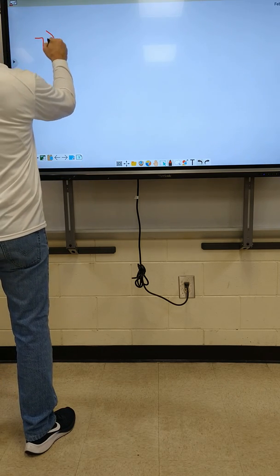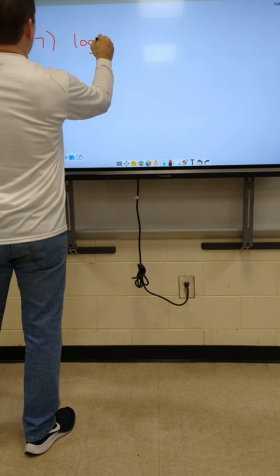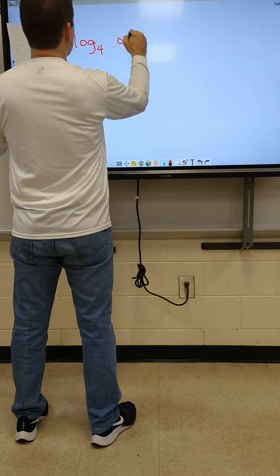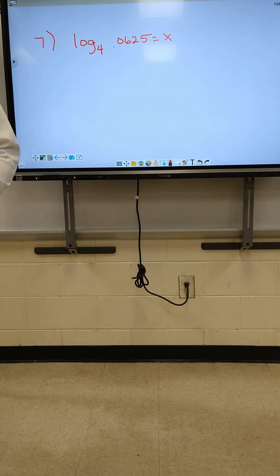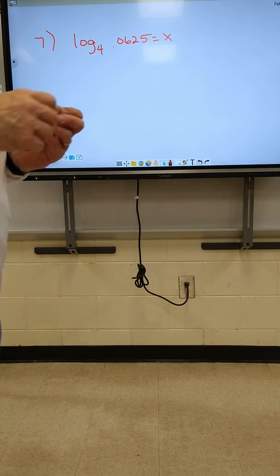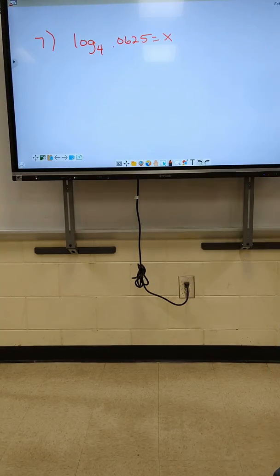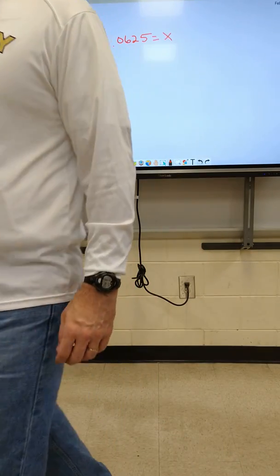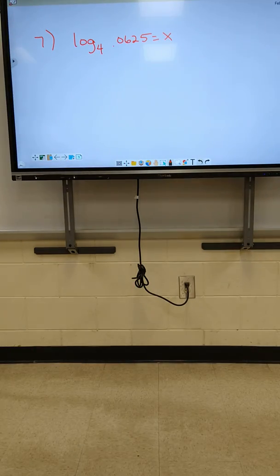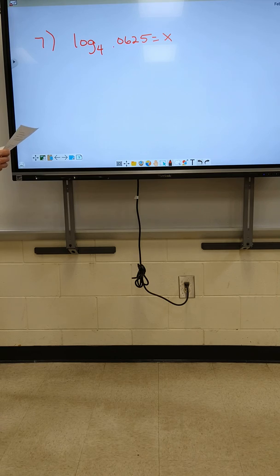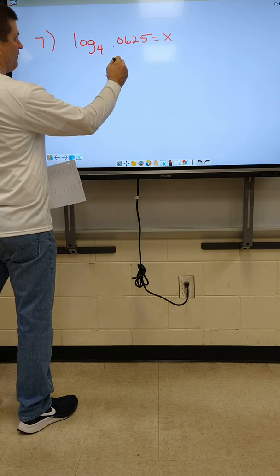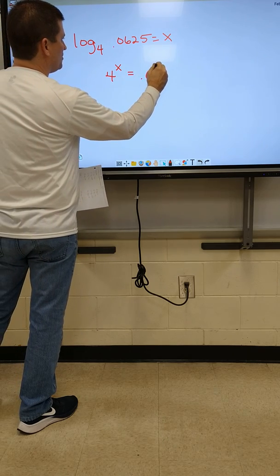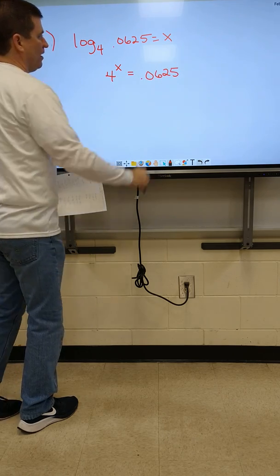So let's do 7. We got log base 4 of 0.0625 equals X. All right, everybody set number 7 up as an exponent problem. So we should have 4 to the x power equals 0.0625.